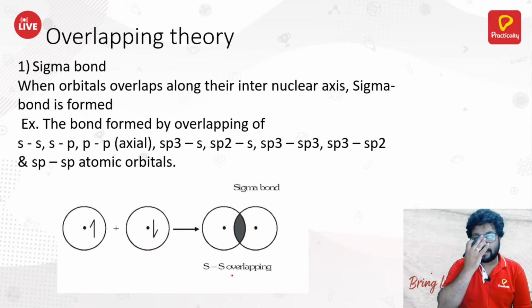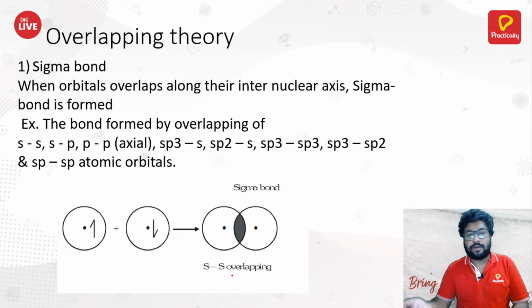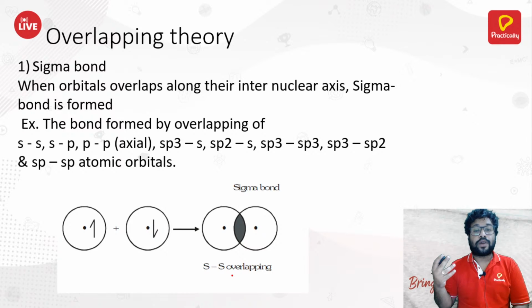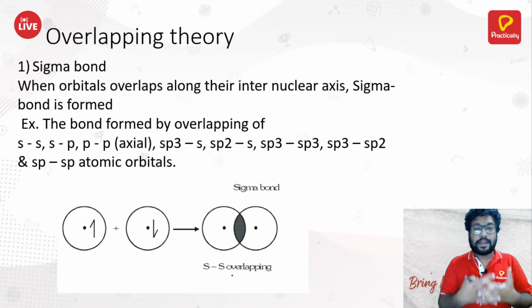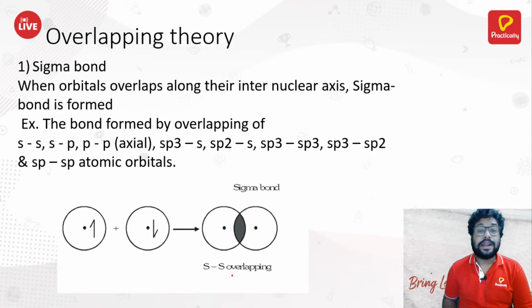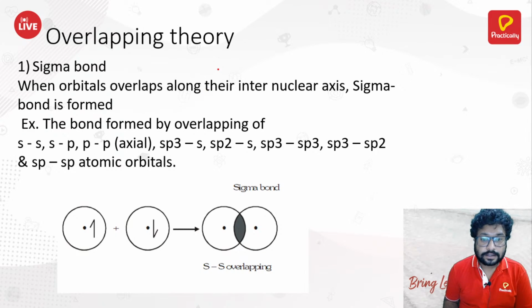First, sigma bond. So how does sigma bond form? See, whenever orbitals overlap along their internuclear axis, sigma bond is formed. Internuclear axis means what? See, if you have an s orbital, you can see here, this is s orbital, half electron.